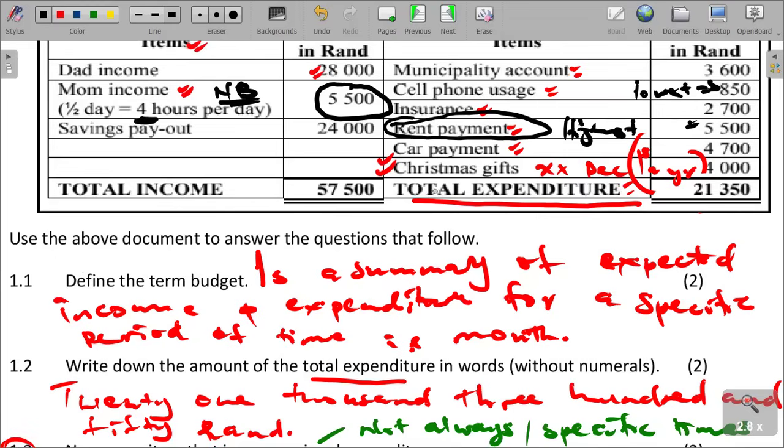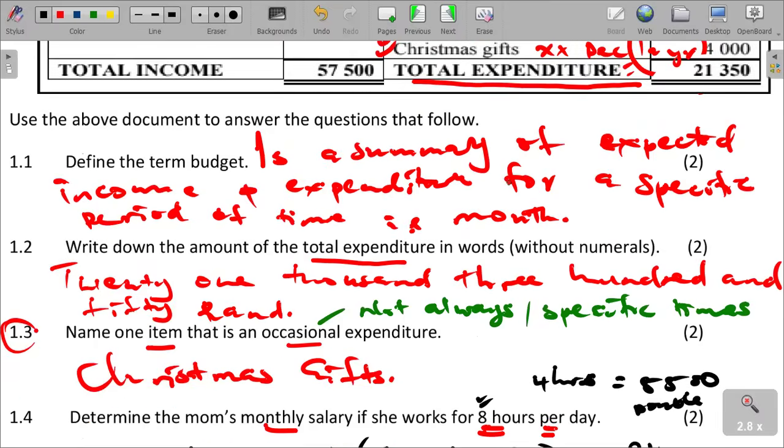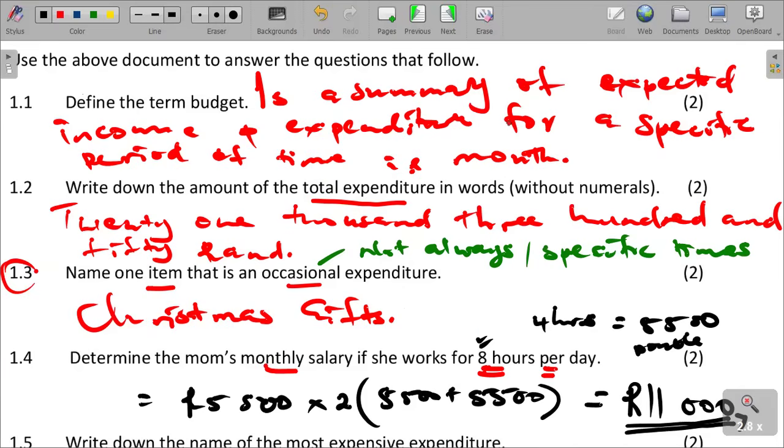So we are only supposed to write 21,350 in words. That is what is given in question 1.2, and the amount in words is what is expected of you as the right answer.